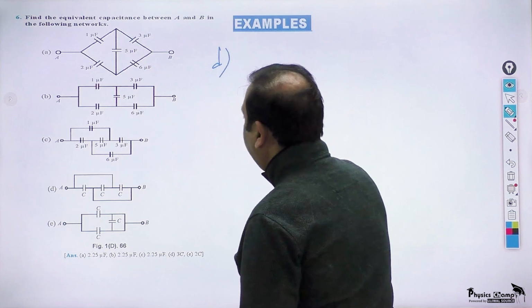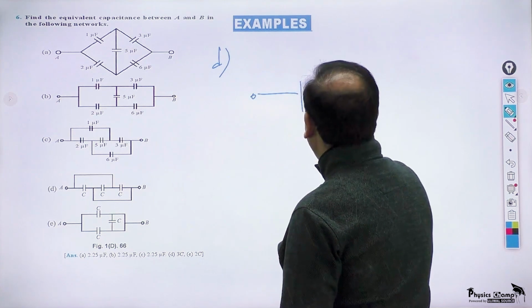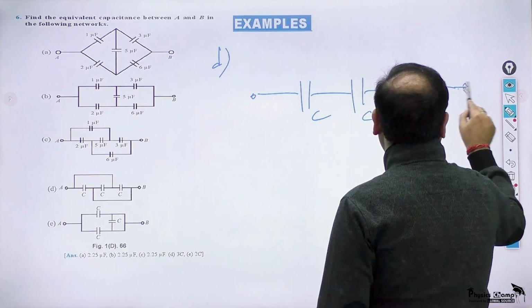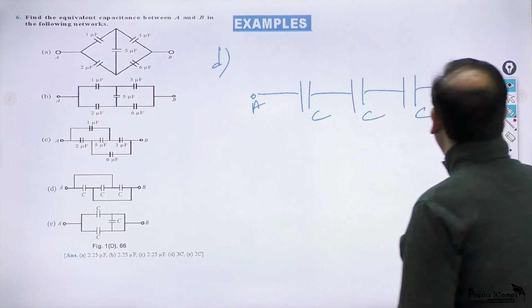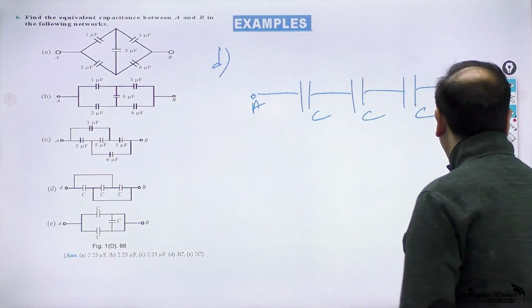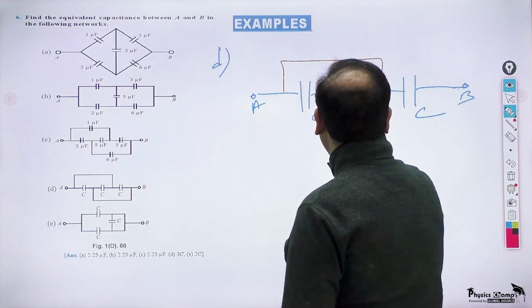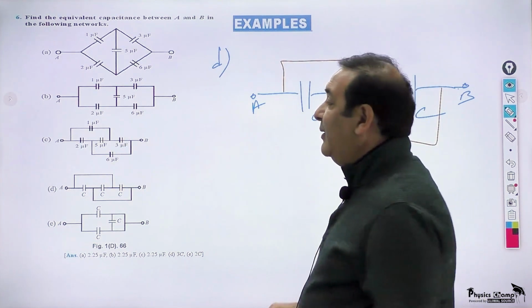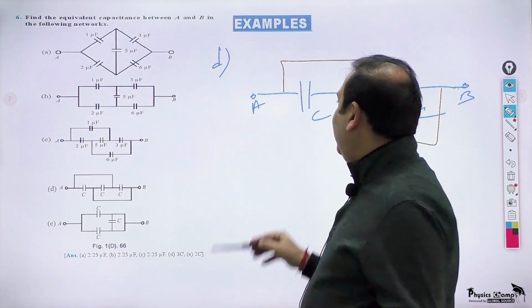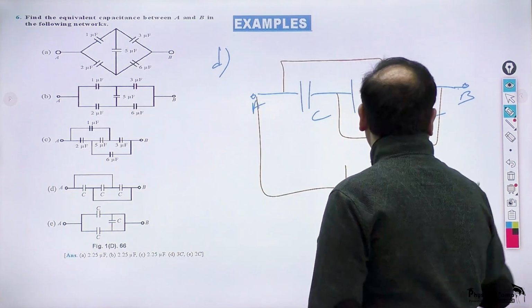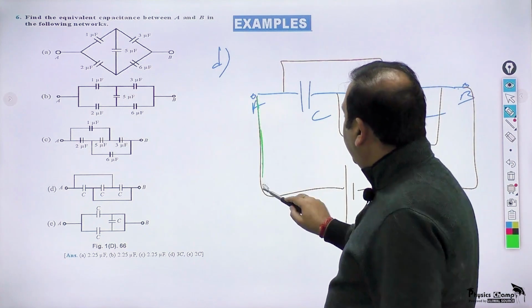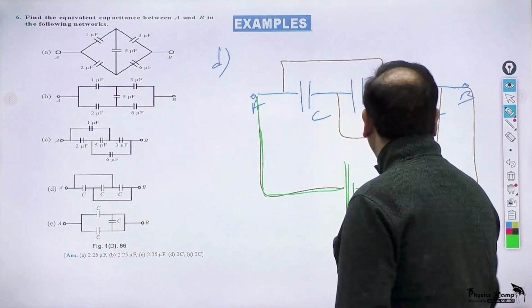Taking case D, we are told there is one C here, there is one C here, there is one C here. If there was nothing else, they were in series, but we have a short circuiting wire across them. So I have just proved they are in parallel. Even we can compare it with a potential case. We can compare it as though we have connected it to the battery.